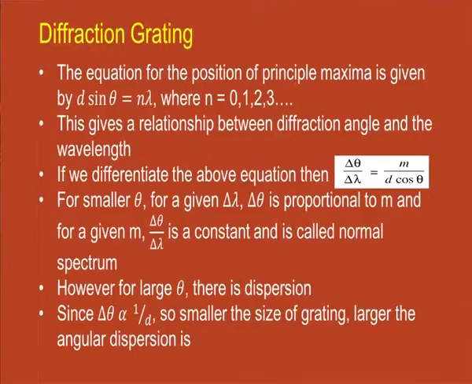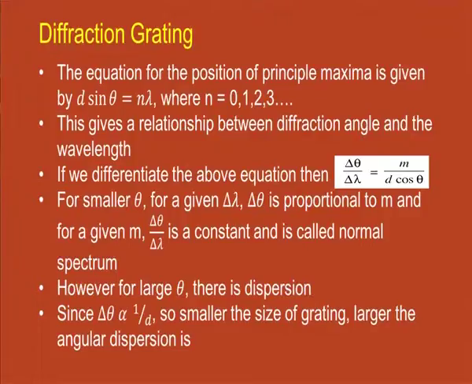The equation for the position of principal maxima is given by d sin theta equal to m lambda, where m is the integer value 0, 1, 2, 3 and so on. So, this gives a relationship between the diffraction angle and the wavelength.